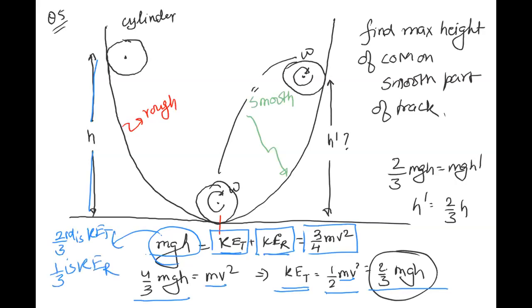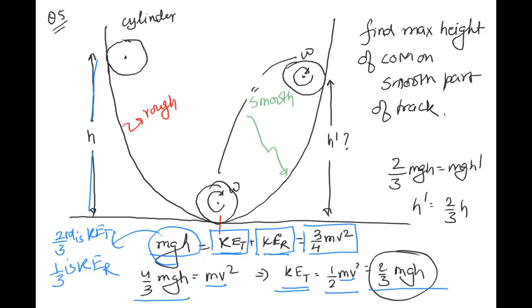So when the object starts going up the smooth side, the rotational kinetic energy now does not have any role to play. It will not change, and therefore no energy transaction can take place.